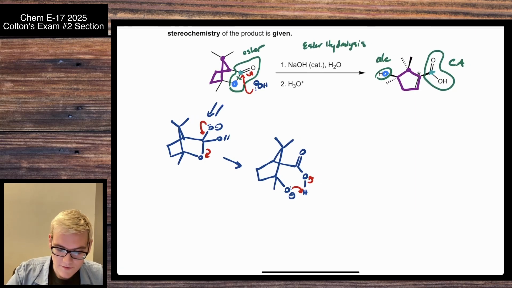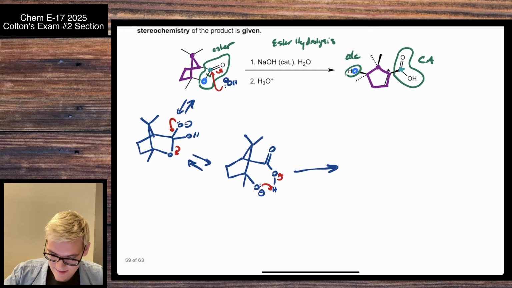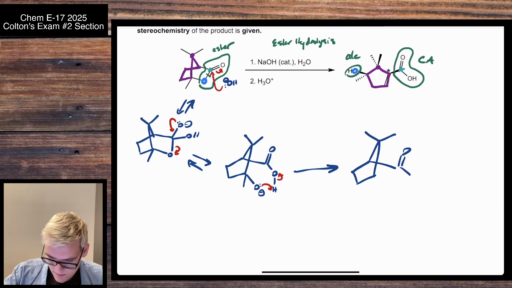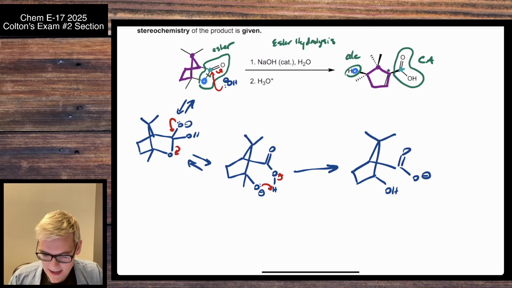So all these steps so far have been reversible. And now we have an irreversible step that forms this O minus and OH.